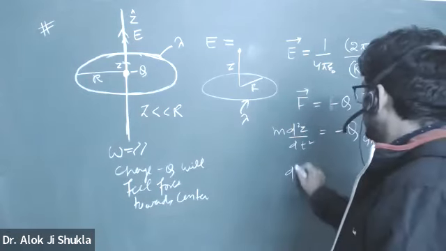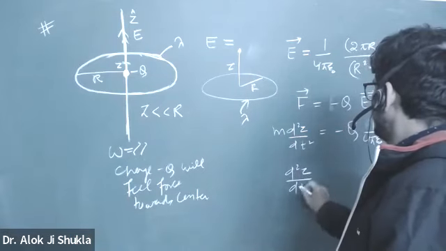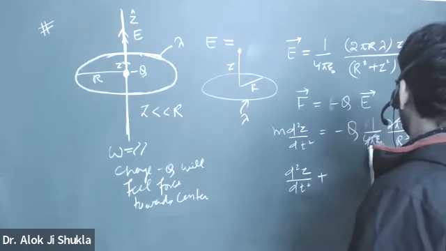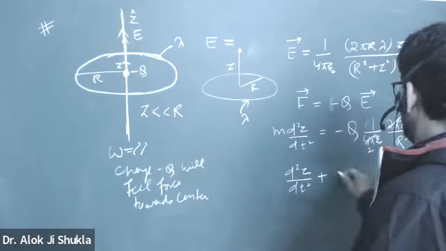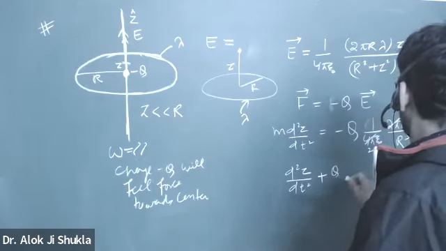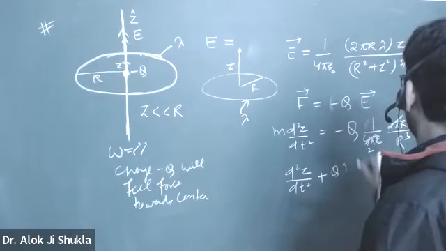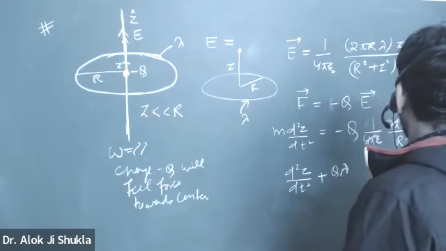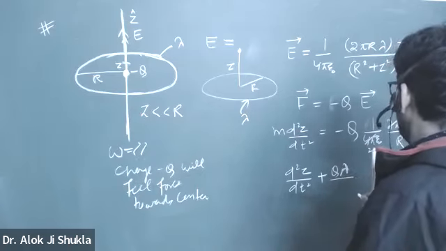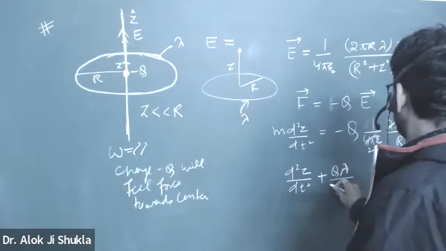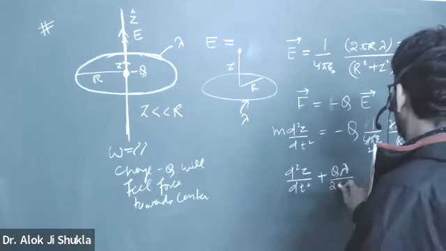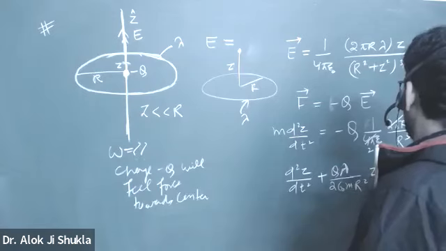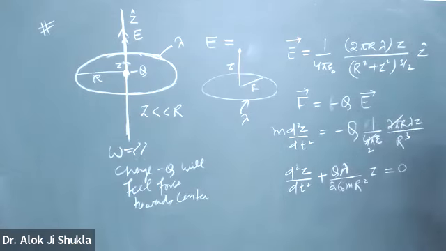And you write it like this, d2Z by dt2 plus Q lambda by 2 epsilon naught M R square Z is equal to 0. Please check. Is this okay?